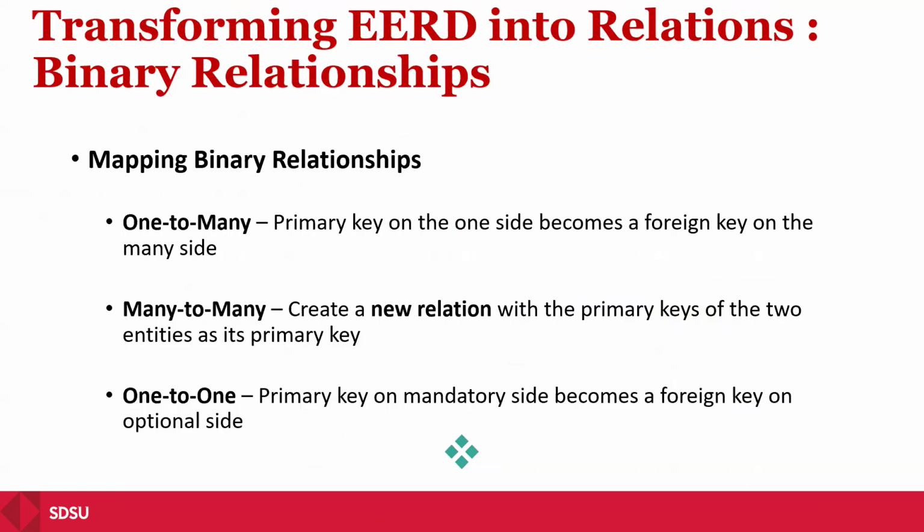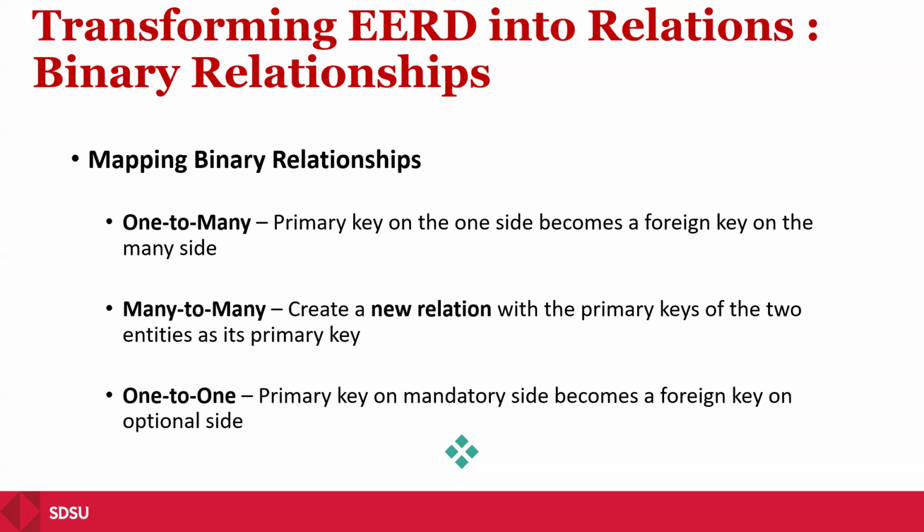Right. So we talked about basic concepts. Now let's talk about a little more complicated concept. Let's talk about how to map relationships. In entity relationship diagrams, we have three types of relationship: one to one, one to many, and many to many.